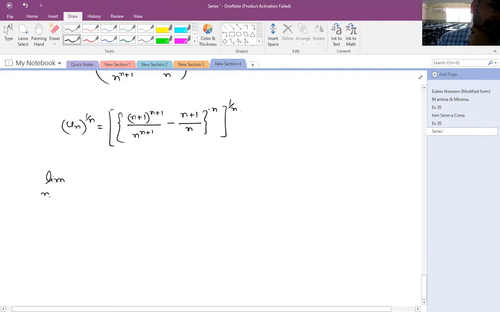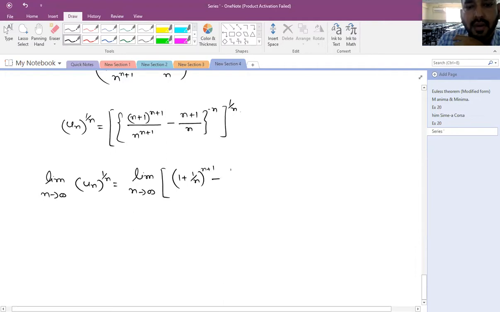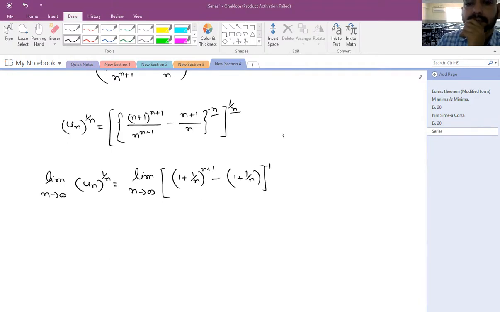So limit n tending to infinite, un raised to 1 by n is limit n tending to infinite 1 plus 1 by n raised to n plus 1 minus 1 plus 1 by n, and this entire raised to minus 1, because this and this will be minus 1.